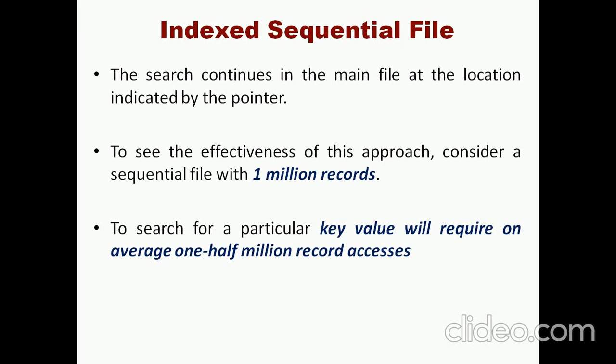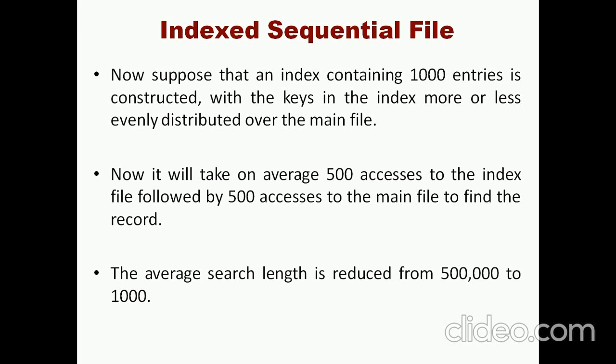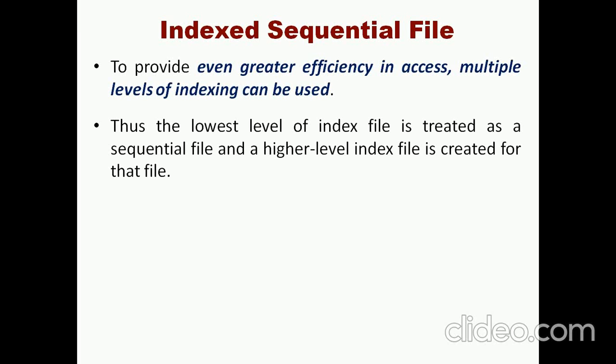So if I want to access a file of 1000 entries, we need only 500 accesses. That way we can reduce the file access time and improve the performance in the indexed sequential file. It gives better efficiency in access because multiple levels of indexing can be used.